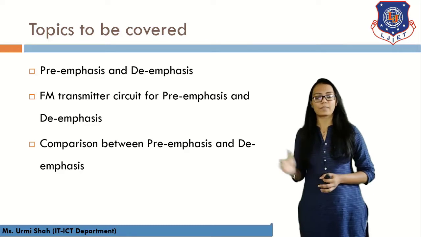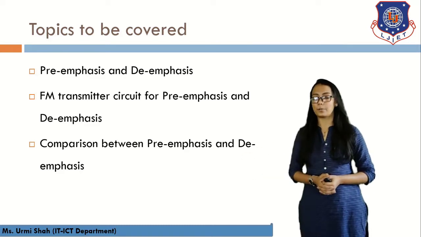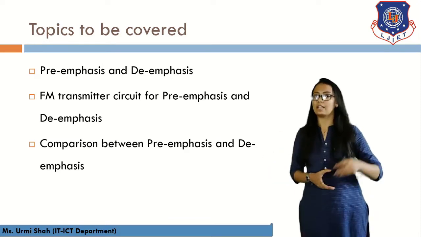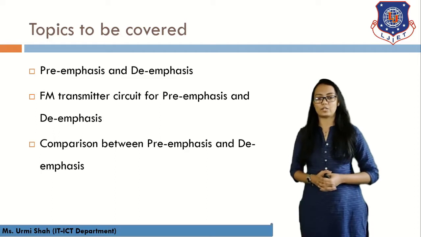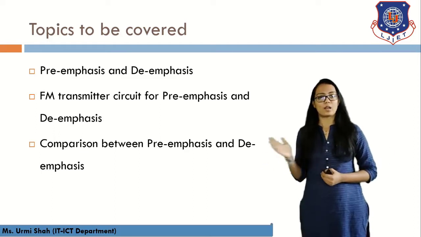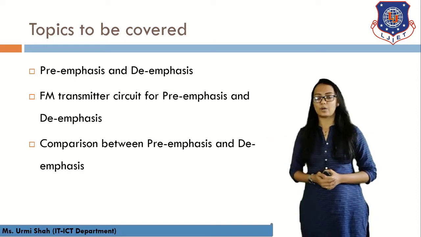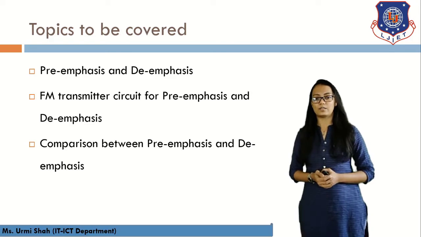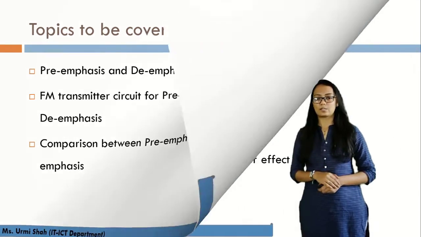At the end we are going to compare these two processes, which are performed at the starting and at the end of FM modulation, that is preemphasis and de-emphasis. So these are the topics we are going to cover in this session. Let's start with the first topic.